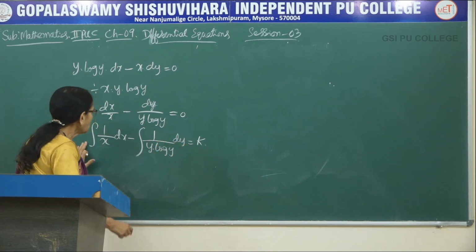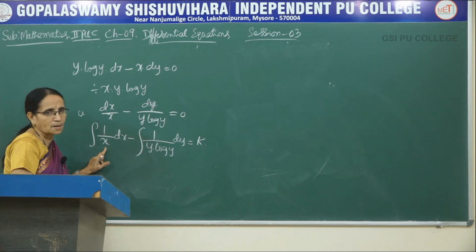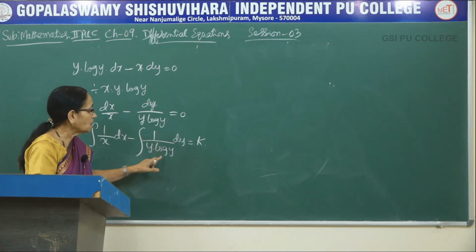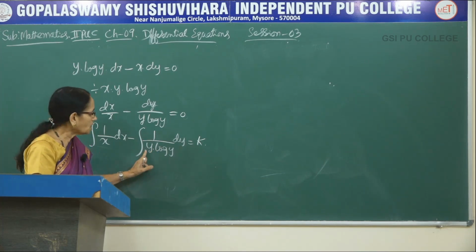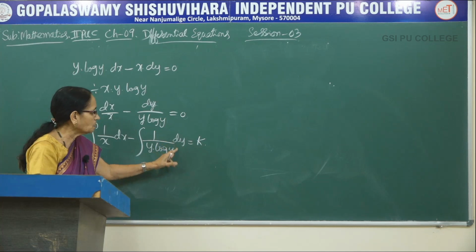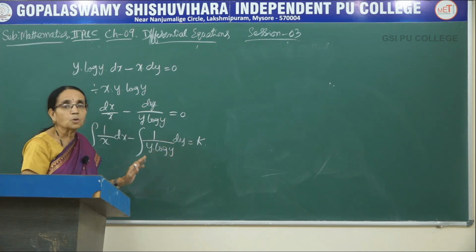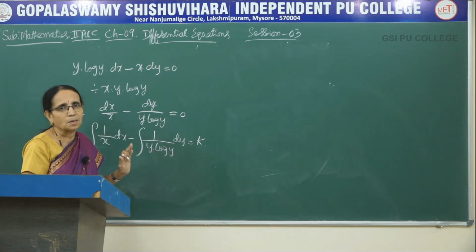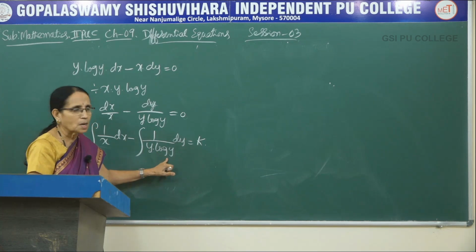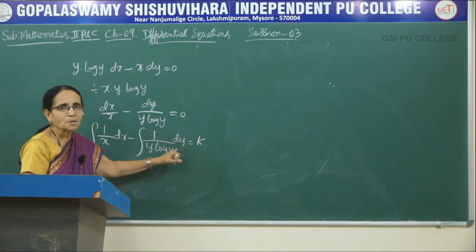Okay. Now look here. This is directly a simple function. The integral is log x, whereas here it is not a simple function. We are having y into log y. Now here we can write 1 by y dy. Here you have to make use of the substitution method. Taking log y to be t, 1 by y dy becomes dt.